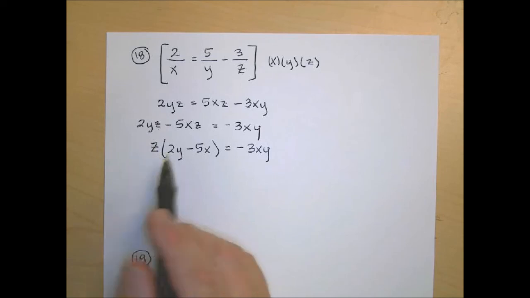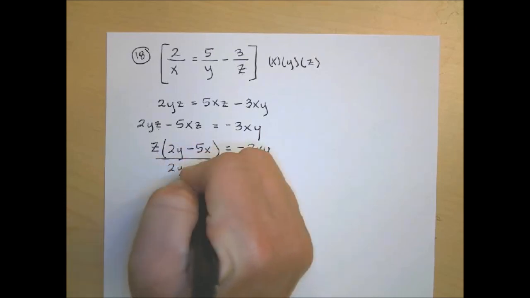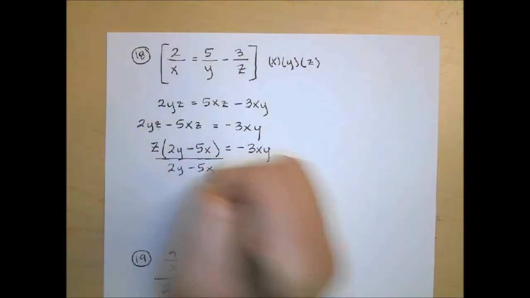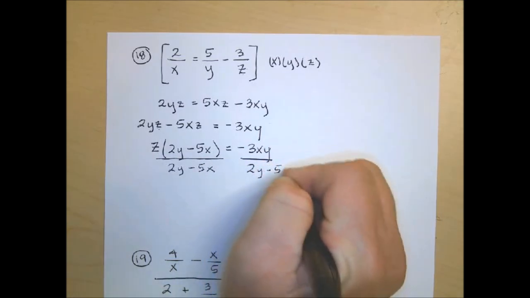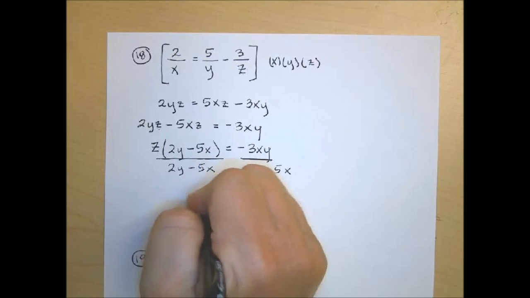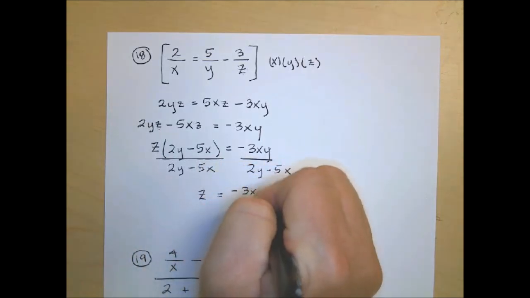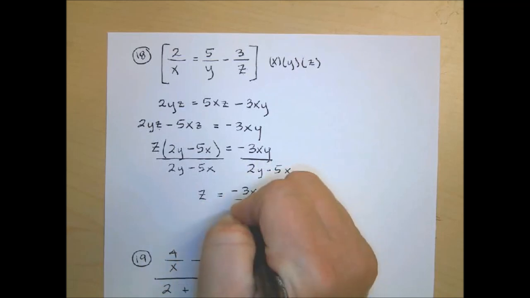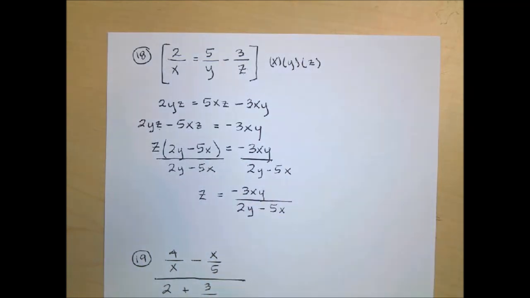I need the equation to start with z equals. Well, I can do that if I divide both sides by the binomial 2y minus 5x. And that's what I would end up with, an equation that says z equals negative 3xy over 2y minus 5x. And so that would be the answer to this problem.